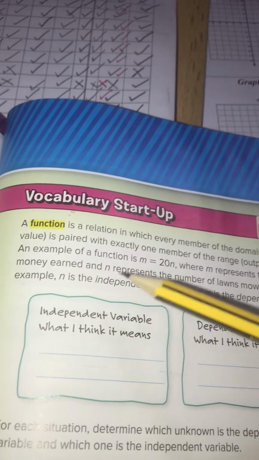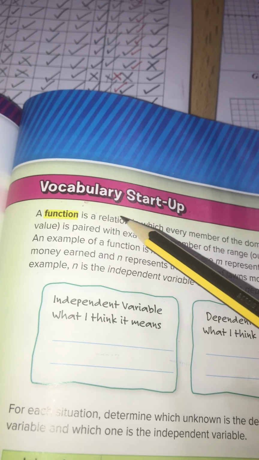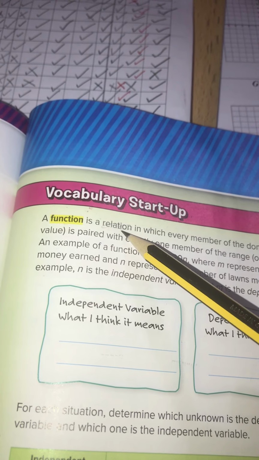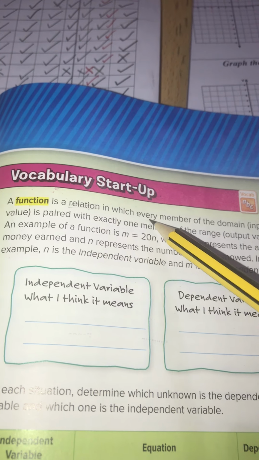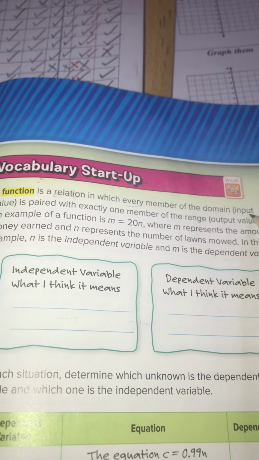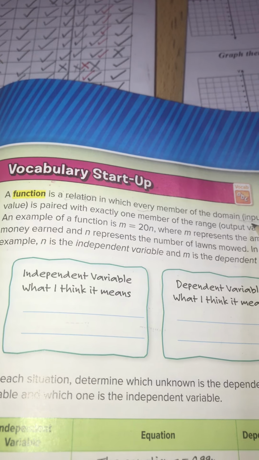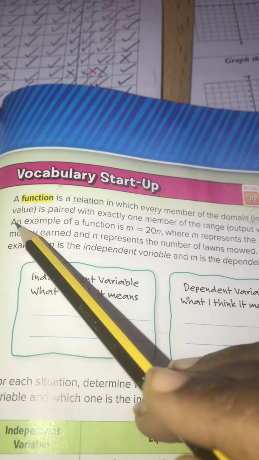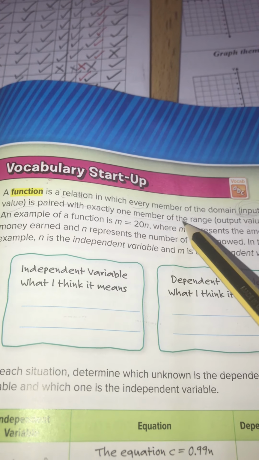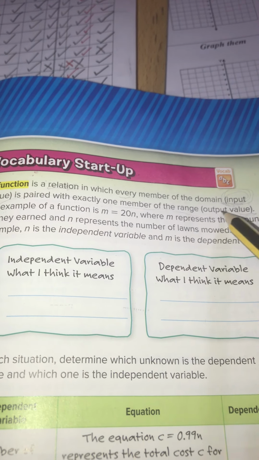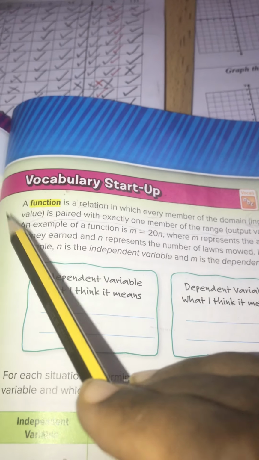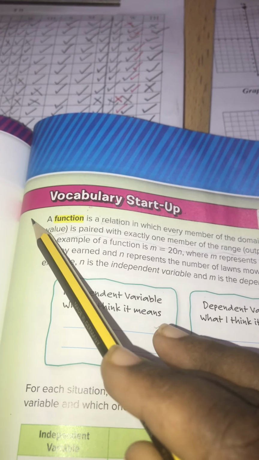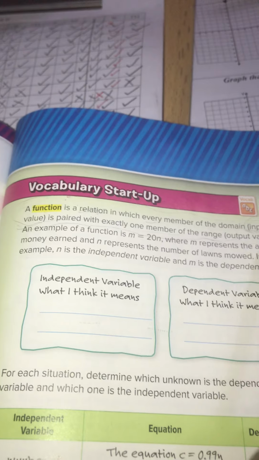All right. What do they say here? A function is a relation or a relationship in which every member of the domain, which we are calling the input, is paired exactly with one member in the range. Please write this sentence in your book and highlight it.